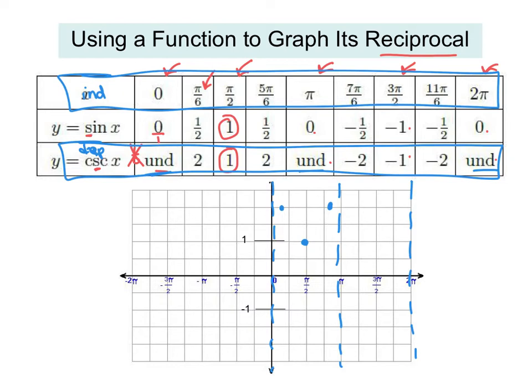And as we continue with this into the next section, we have 7 pi over 6, which is going to be right about here, and that is -2. And then at 3 pi over 2, we're at -1. And at 11 pi over 6, that's almost 2 pi, we're at -2.